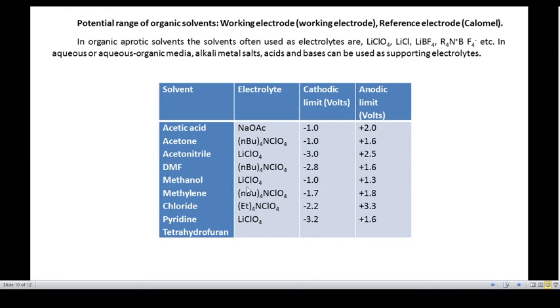Methanol, again lithium chlorate, the limit is minus 1.0 to plus 1.3. And methylene chloride, pyridine and tetrahydrofuran. So these are the solvents and the corresponding electrolytes, and the respective electrode potential limits for the cathodic and anodic reactions are given here.